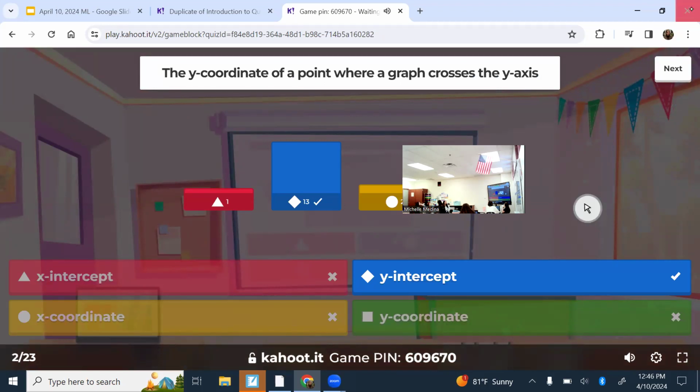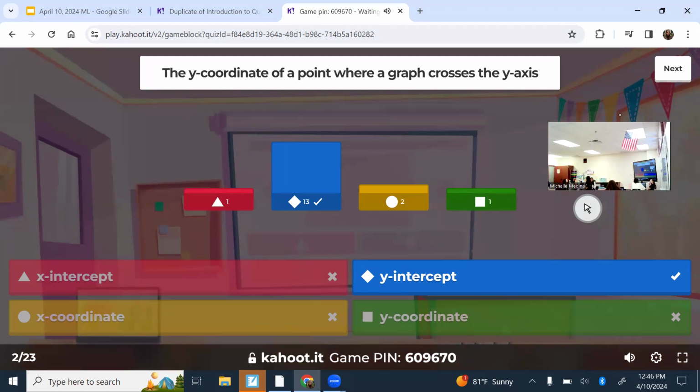Y-intercept. Kind of like when you intercept a football, like an interception, it touches the y-axis. It intercepts the y-axis. At your y-intercept, x is always 0.